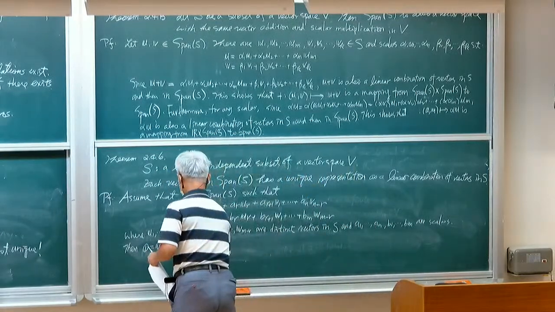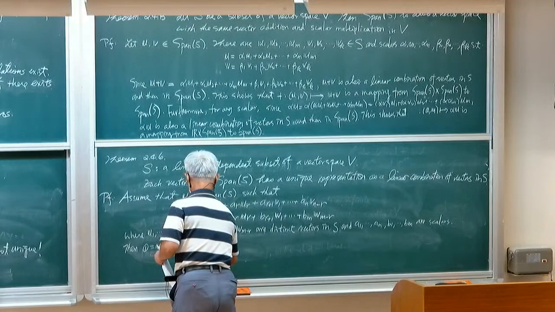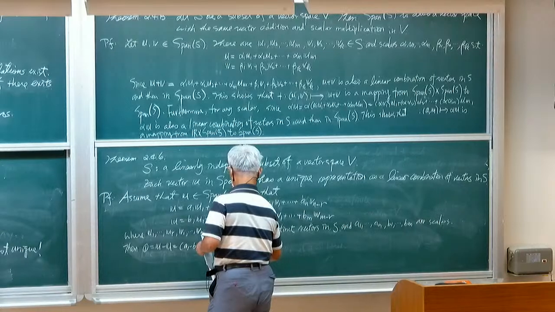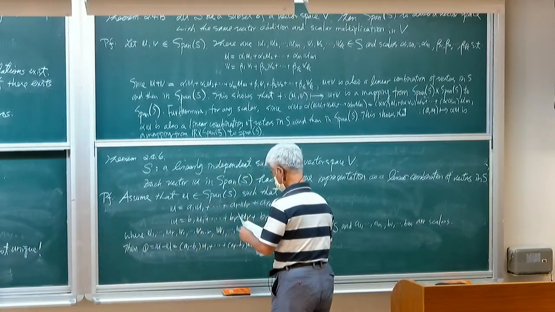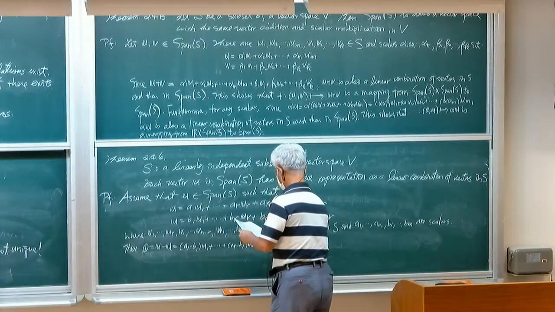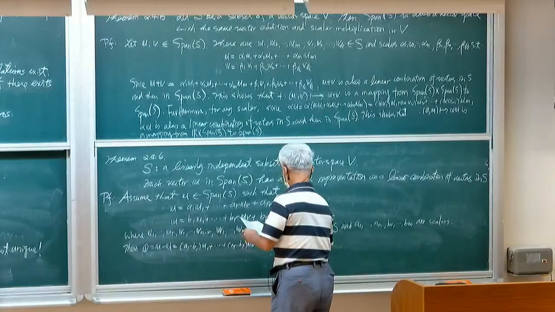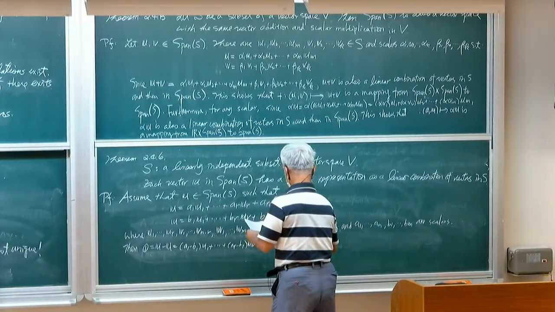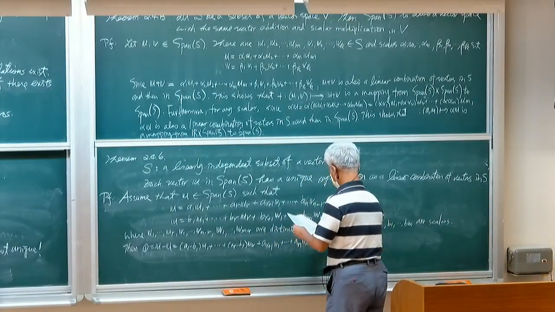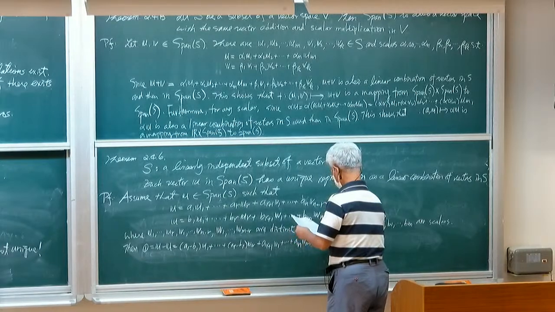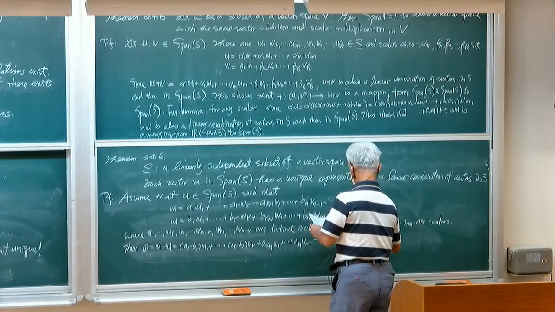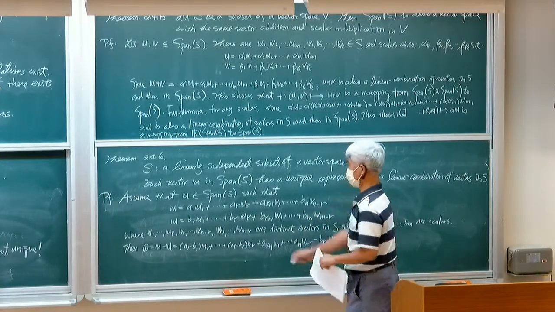And we find that this is (A1 minus B1) U1 plus ... plus (AR minus BR) UR, plus A(R+1) V1 plus ... plus AN V(N−R), and minus B(R+1) W1 minus ... minus BM W(M−R). Okay, so this is 0.